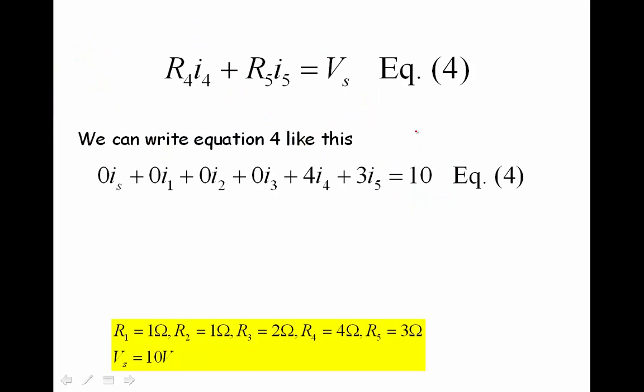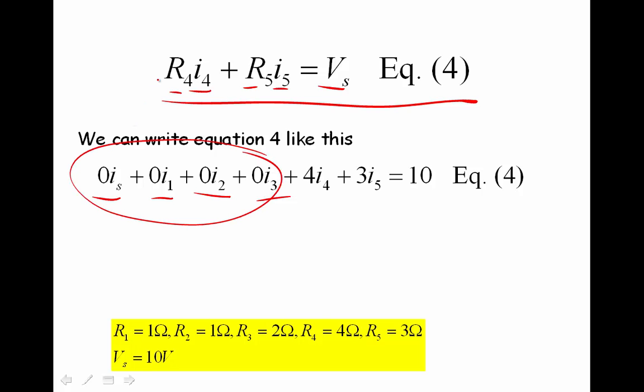I could write equation 4. Here was equation 4 from the other page. And now we're multiplying r's times i's, and then they're going to equal v's. So I have 0 of the is's, 0 of the I1s, 0 of the I2s, 0 of I3s, because none of these terms appear in equation 4.